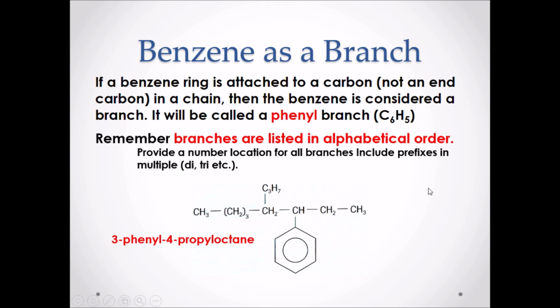Now this may look a little different, but if we count the number of carbons in the longest carbon chain, we have 1, 2, 3, 4, 5, 6, 7, because of the subscript 3, and 8. And numbering it from the side that gives all branches the lowest values, we have 3 for the phenyl branch and 4 for the propyl branch. Notice the 3 carbons. Phenyl, PH, comes before propyl, PR.